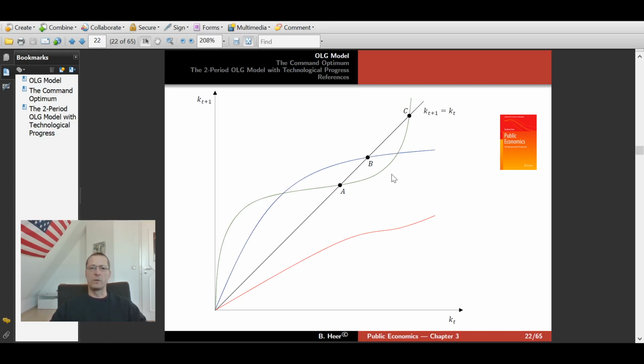Now the green line, for example, may help you to explain some phenomena in the field of development economics. So let's assume the green line characterizes a couple of developing countries. They all are in the rest point A, and the World Bank would like to decide how they should allocate funds.